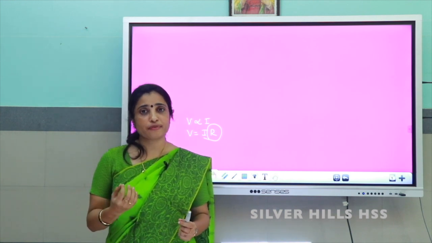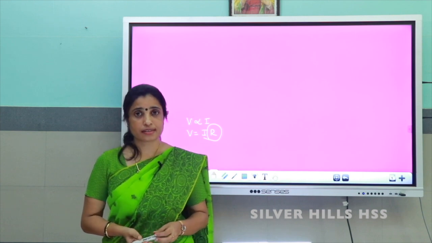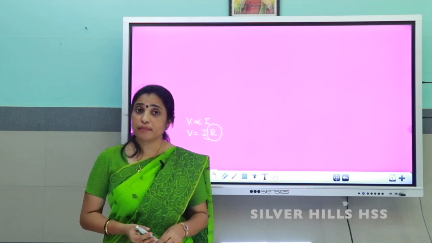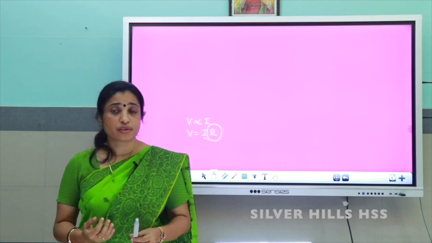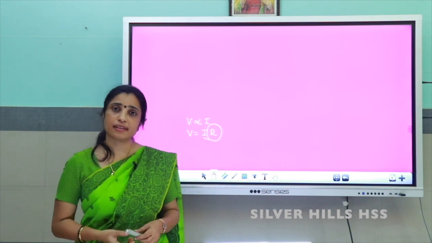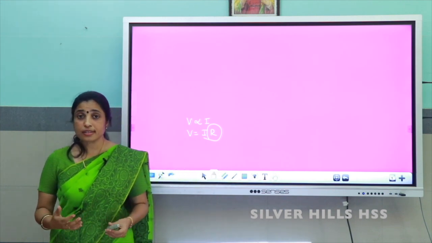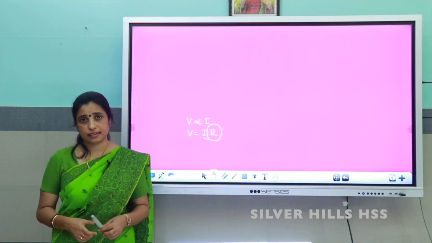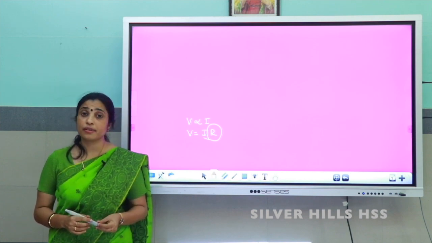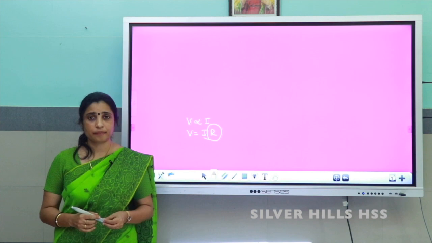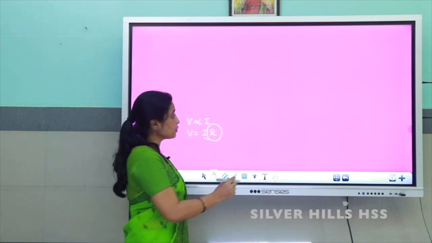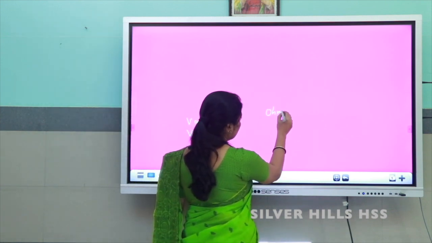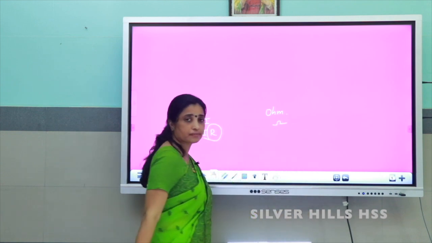So the resistance of a conductor can be defined as the property by virtue of which it tries to oppose the flow of current in the conductor, or it causes a hindrance to the flow of current. This is what we call the resistance of a conductor. The unit of resistance is ohm. It is denoted like this.